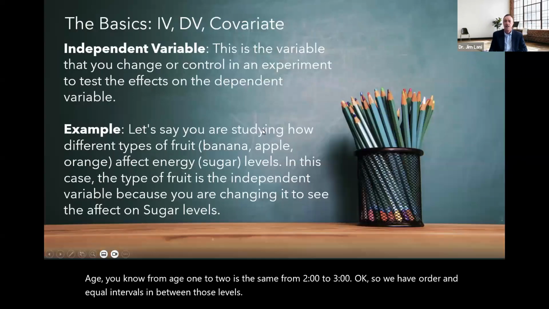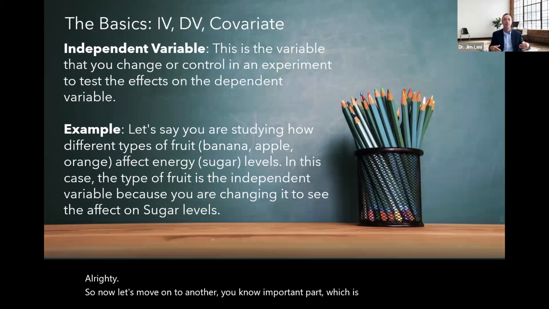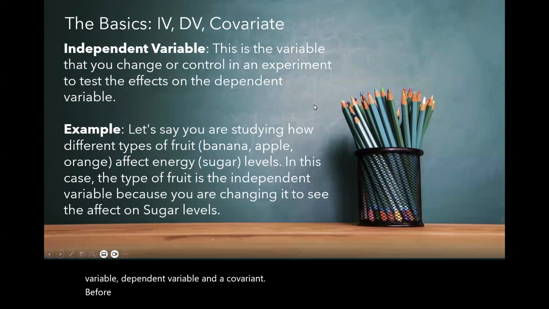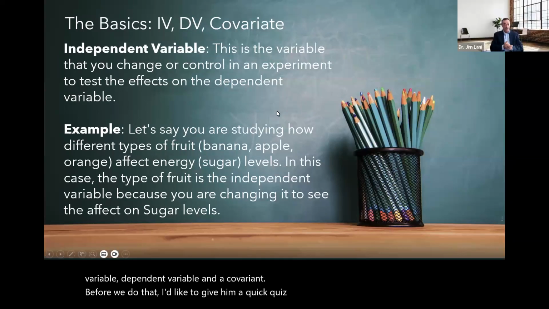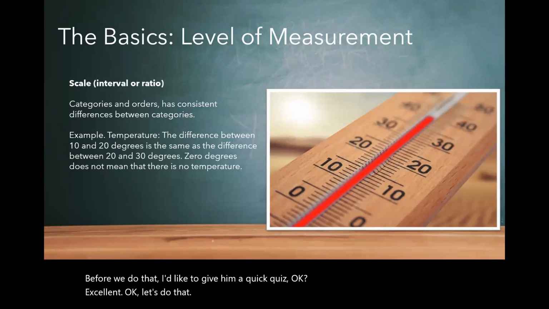All righty. So now let's move on to another important part: what is an independent variable, a dependent variable, and a covariate? Before we do that, I like to give a quick quiz on measurement. Excellent, let's do that.